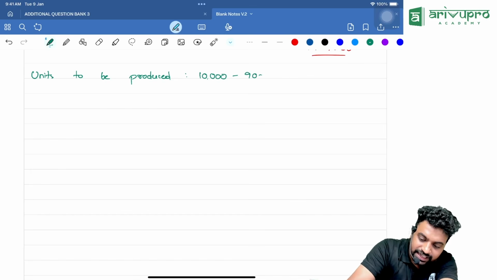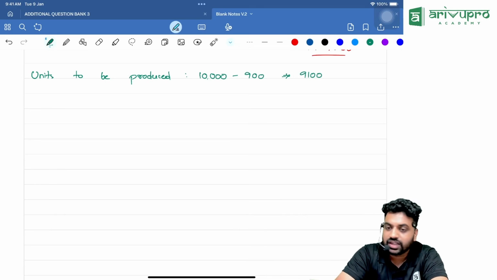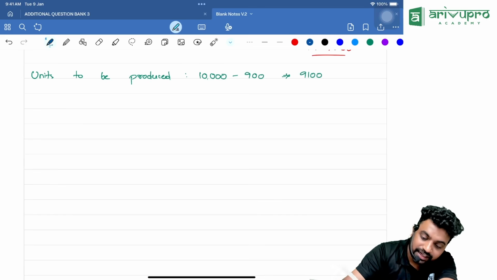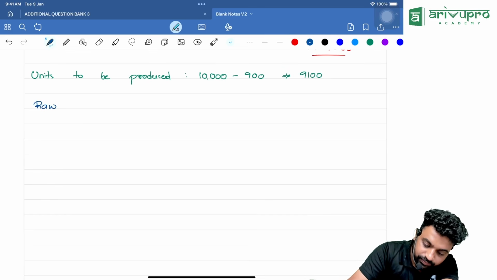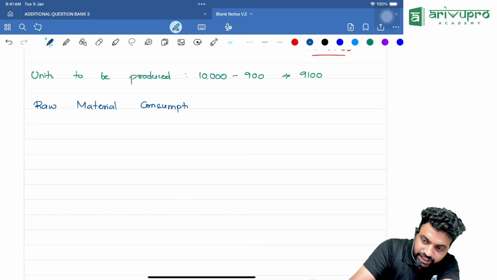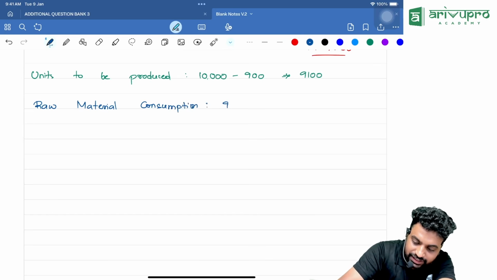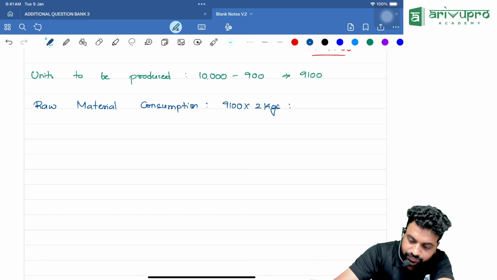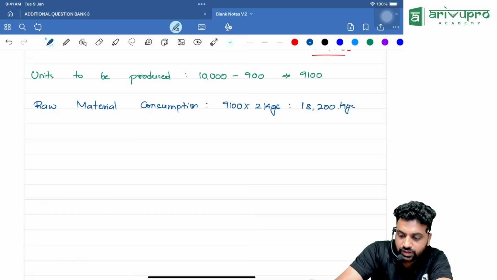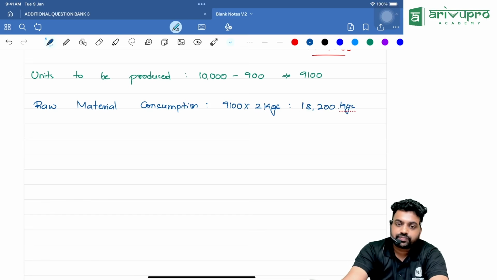Minus 900, which means 9,100. Correct? Raw material consumption is 9,100 into 2 kgs, 18,200 kgs.